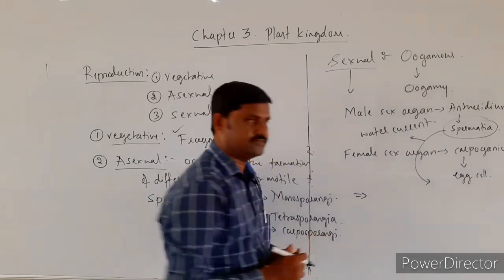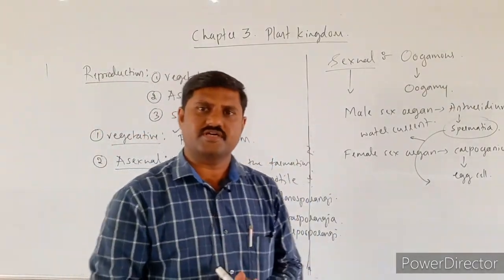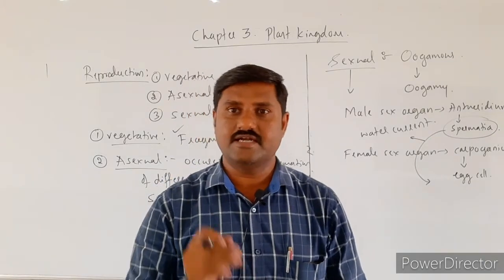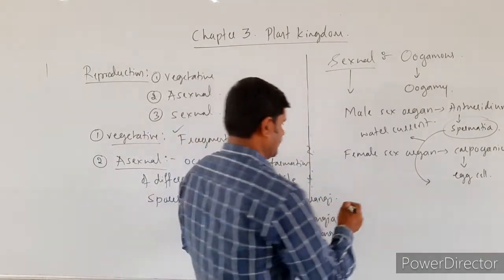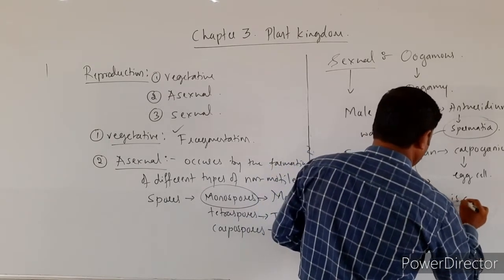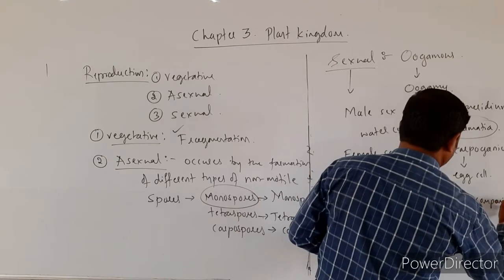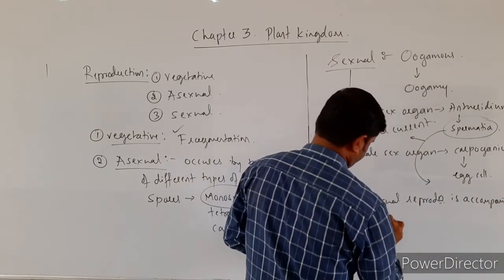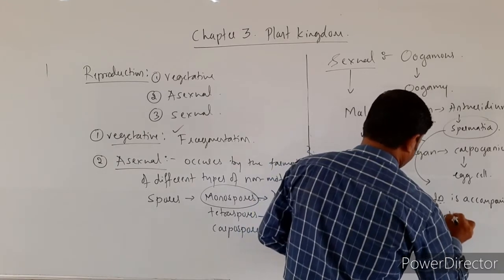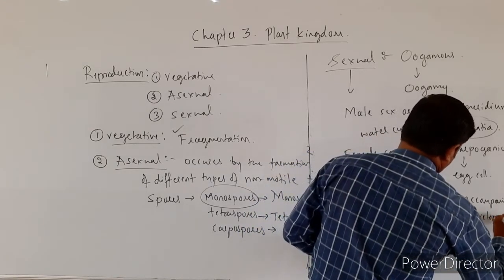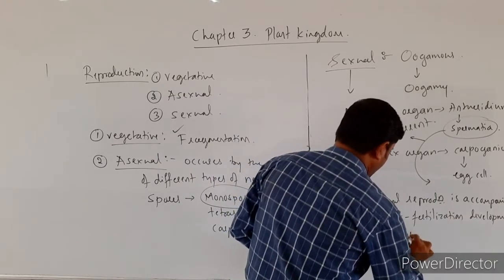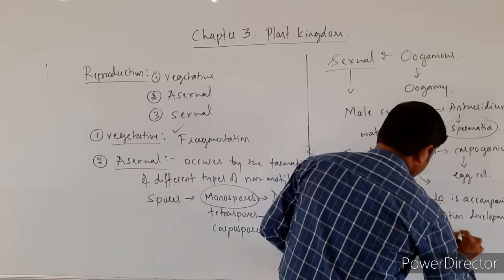Apart from this, one more point to be noted. Sexual reproduction is accompanied by the most complex post-fertilization development, and as a result of this development, cystocarp is formed, right?